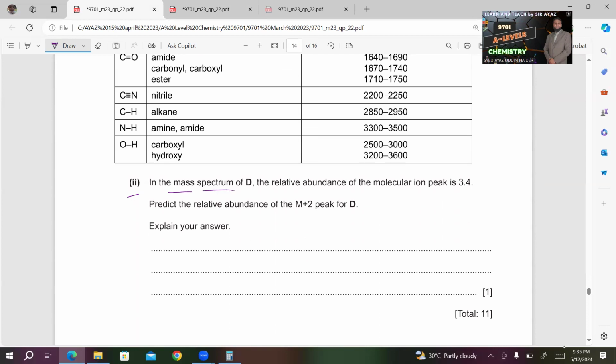Number 2, in the mass spectrum of D, the relative abundance of the molecular ion peak is 3.4. Predict the relative abundance of the M+2 peak for D. Explain your answer. What is D? D is this. So it must be due to this bromide. Then you will write 3.4 relative abundance.